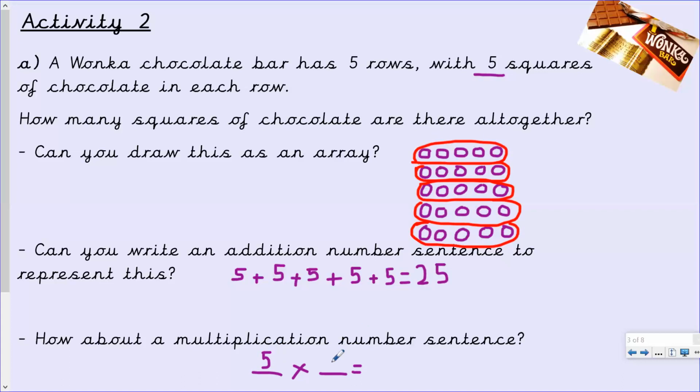So 5 times 5 equals, if you remember your 5 times table, you will remember that 5 times 5 equals 25. Or again, we can count in fives together. So 5, 10, 15, 20, 25.